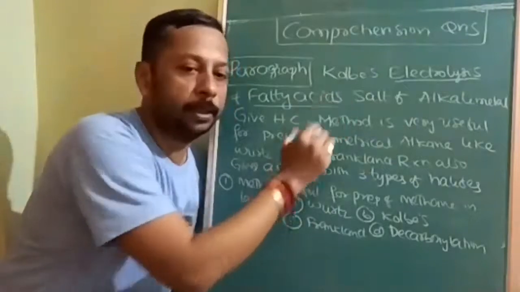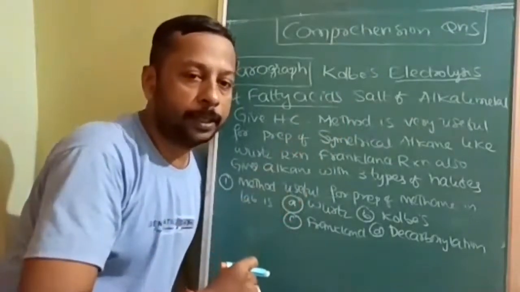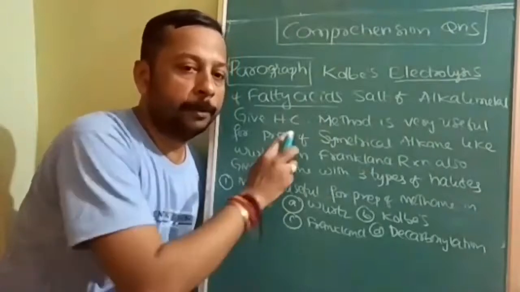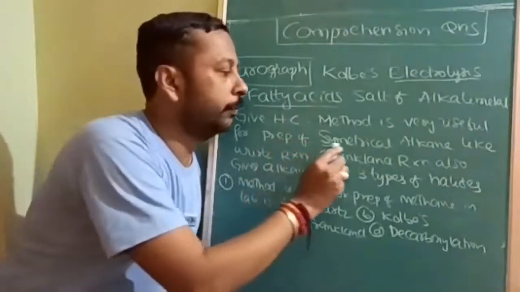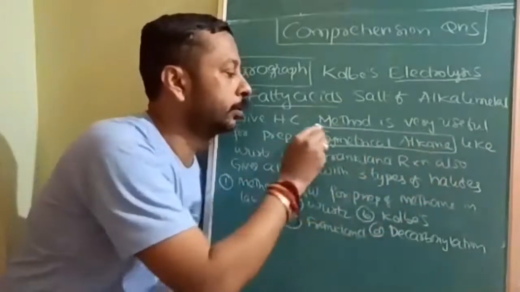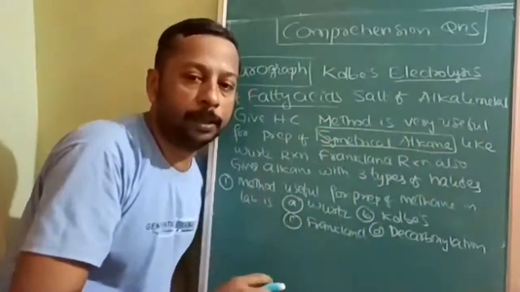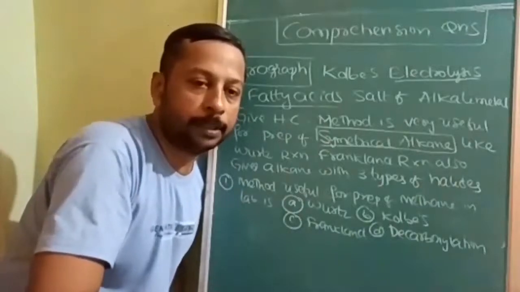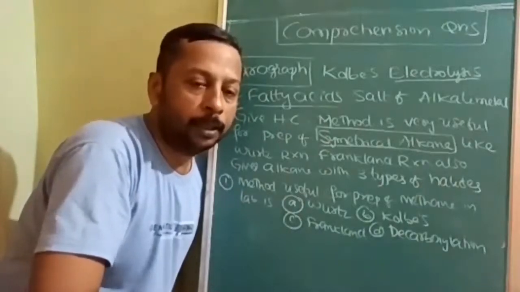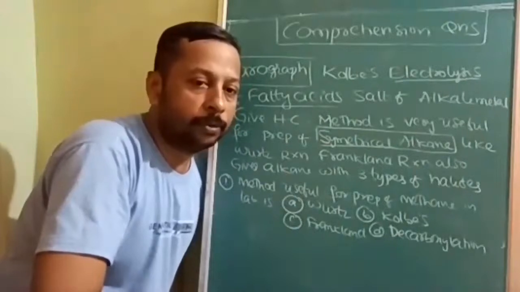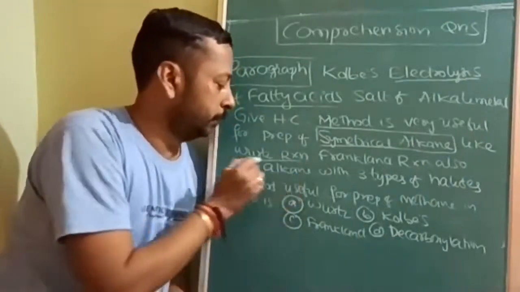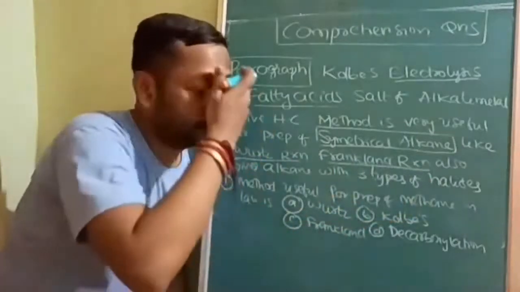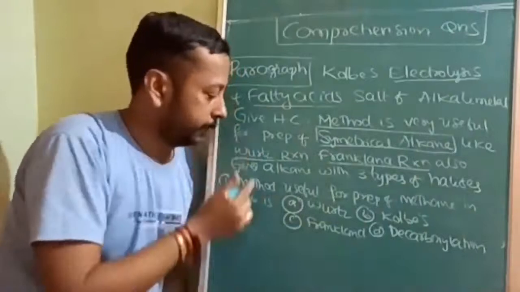That is the first method, Kolbe's electrolysis. The second method is also useful for preparation. This method is very useful for symmetrical alkanes only, because whatever alkyl groups you have, they will just be doubled. Like that, the Wurtz reaction has the same problem, and the Frankland reaction also. So with these three types of halides, understood?